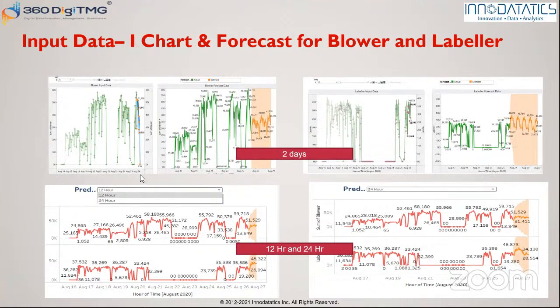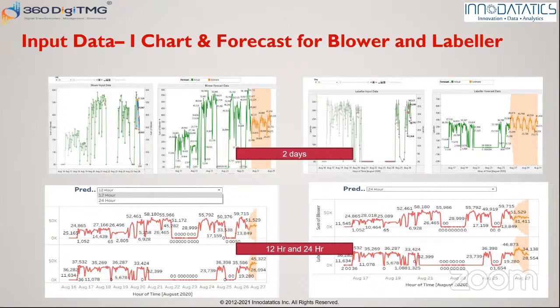This is hourly data, so on the x-axis you will see the hourly data, and on the left side, the y-axis, you will see the readings we discussed in the previous slides. These are the IoT sensor readings. The first chart talks about the performance of the blower, and we have also forecasted the blower performance, and on the right side we have the same presentation for the labeler.